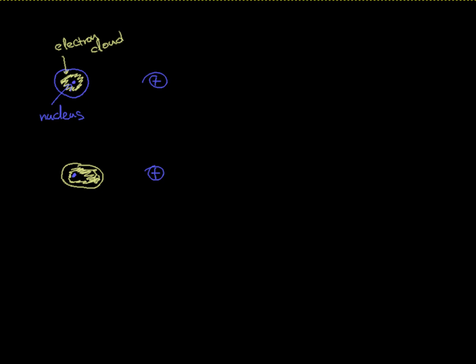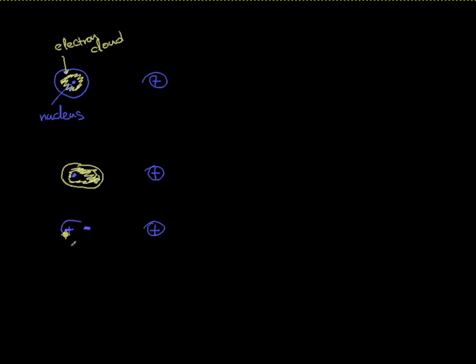So if I draw a more simplistic picture of what happens, I have the charge, and with this plus I indicate the position of the nucleus, and with this minus here I'm indicating the center of the electron cloud.